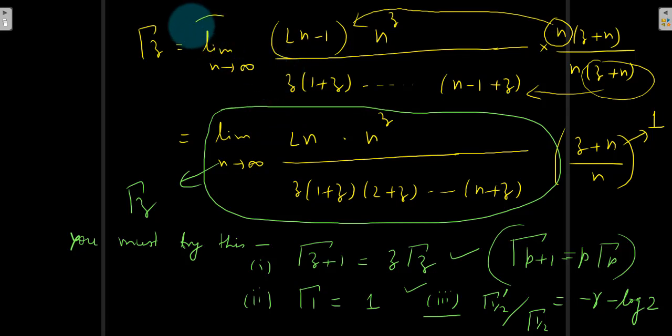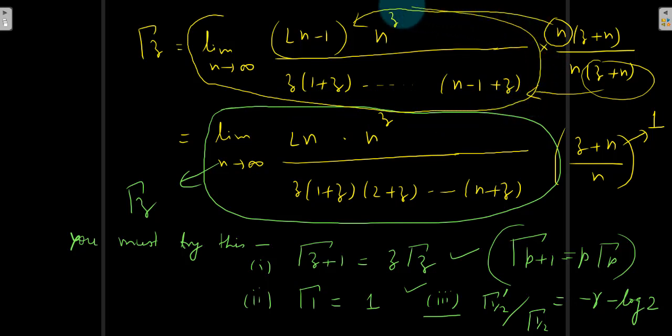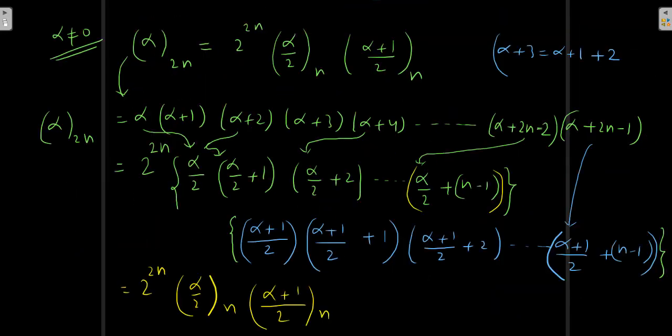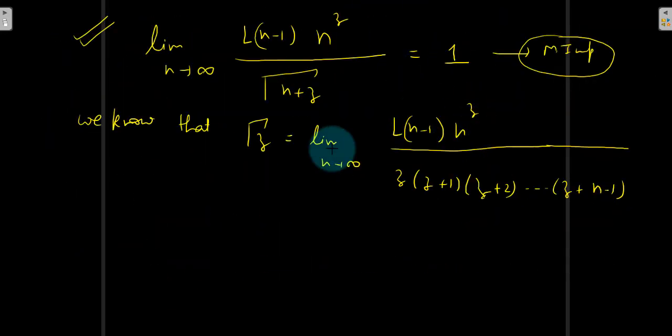Or you can use this also here. If you use this one, I mean to say that you don't multiply with n into z plus n upon n into z plus n in both numerator and denominator. You can use this as gamma z, the limit of this as gamma z. Okay, so I'm just using this here. Yes, same thing.